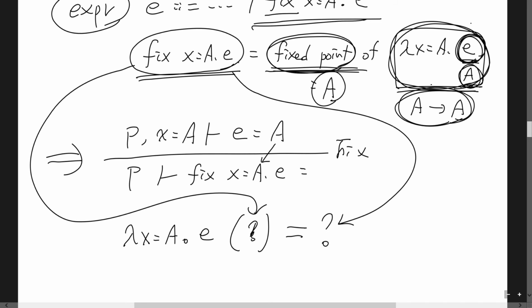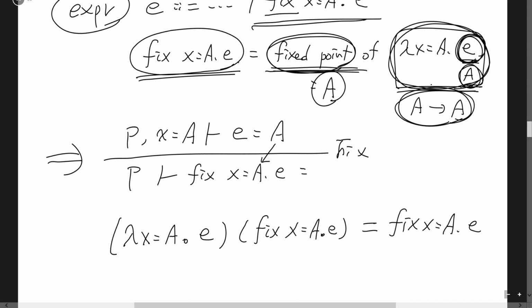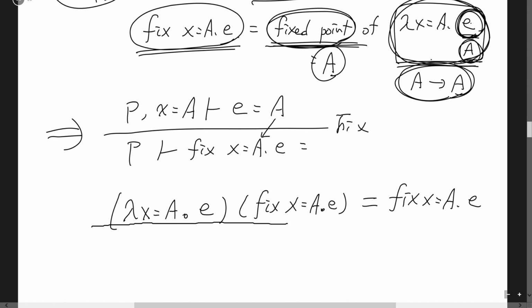So let's write it here. Let's substitute the fixed point construct here. Then we will have, informally speaking, some kind of equality. Now, what happens when we reduce this expression using beta reduction? This one reduces to expression E, where variable x has been replaced with its argument, namely the fixed point construct.